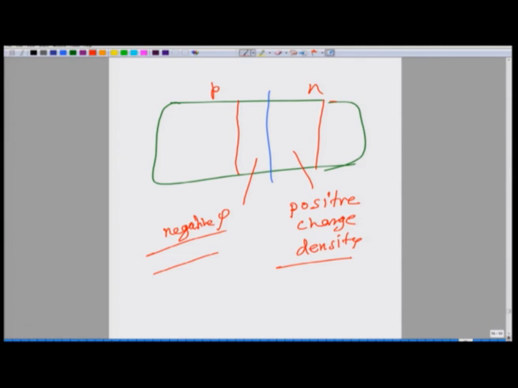Why this limited region only? Why did I say that up to here only you have charges and up to here only you have charges? Why not in the entire thing? That is because this diffusion is not a continuous process.